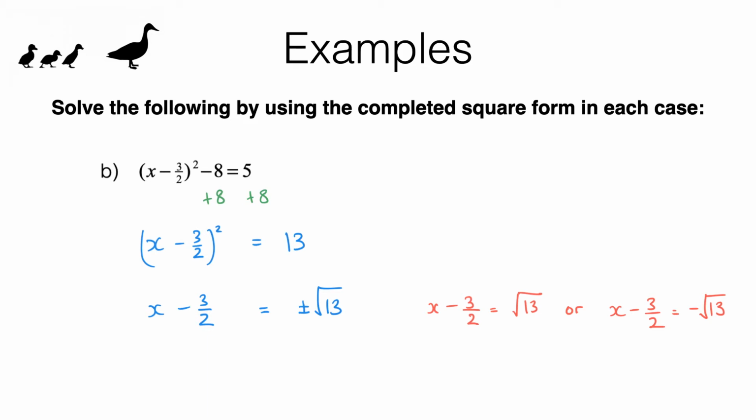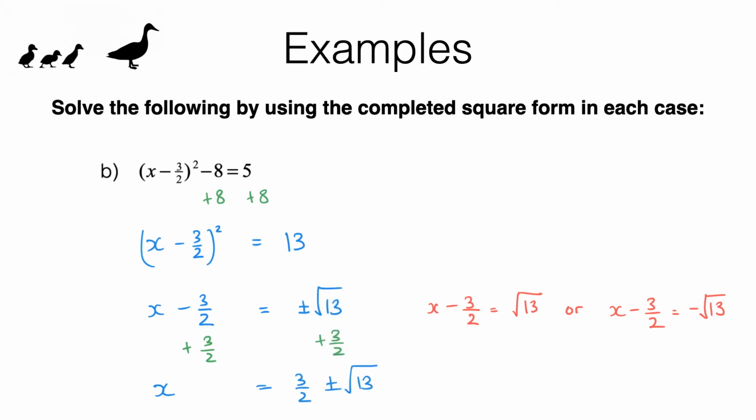Now, to work out what x is, I need to add 3 over 2 to each side of the equation. And that gets me my two solutions. I've got x equals 3 over 2 plus or minus the square root of 13.